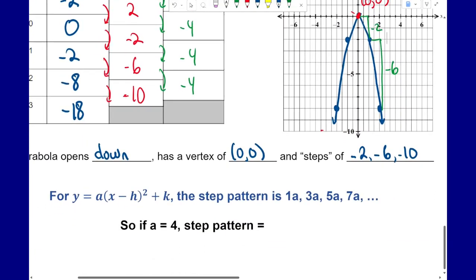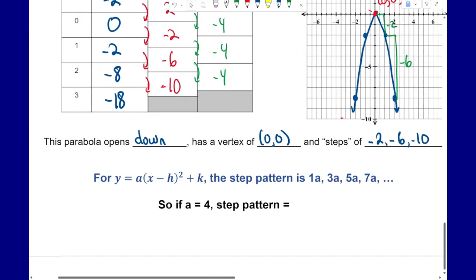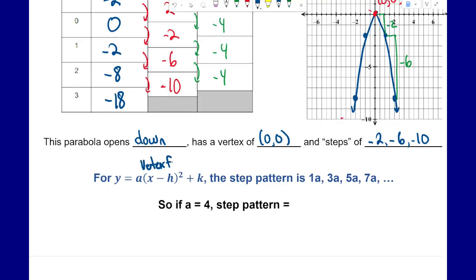So for the equation y = a(x - h)² + k, if you remember a bit from grade 10, this was what we called our vertex form. We'll look at that a little bit more in depth before, but all those values do have important characteristics, or they tell us important things about our graph.